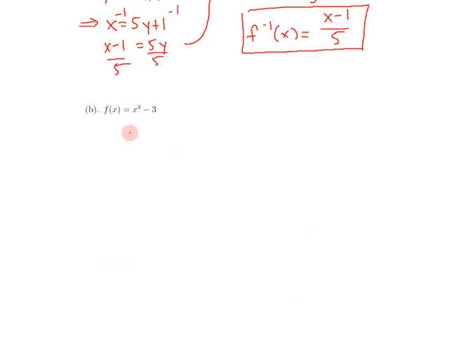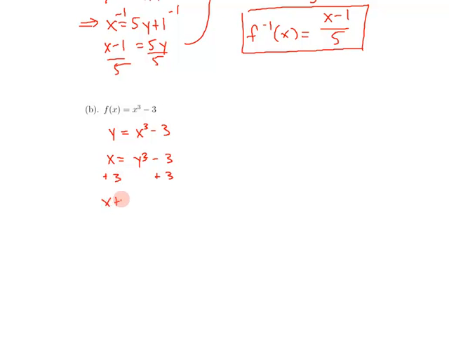One more example just for good practice. We'll have f of x is equal to x cubed minus 3. We want to find the inverse function. So start by writing y equals x cubed minus 3. Swap the x's and the y's. So x is equal to y cubed minus 3. Solve for y by adding 3 to both sides.